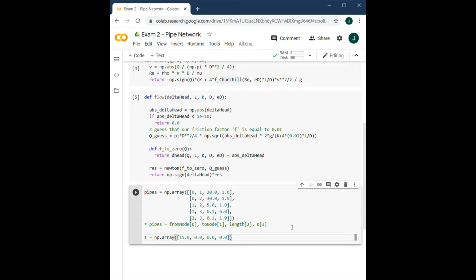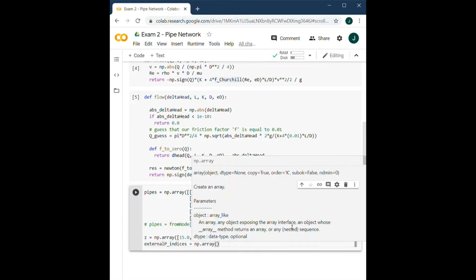Okay. And then next we're going to specify the pressures that our external nodes are at. First we have to define which of our nodes are external nodes. The way we do that is we make a variable called external pressure indices, so the index of our external nodes, and we're going to call this node 0 and node 3.